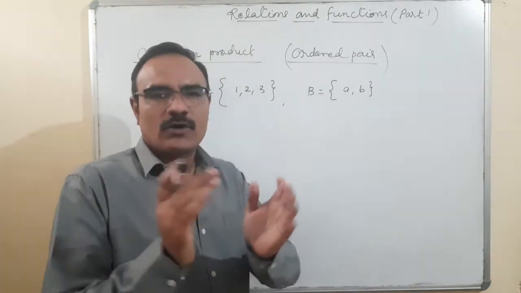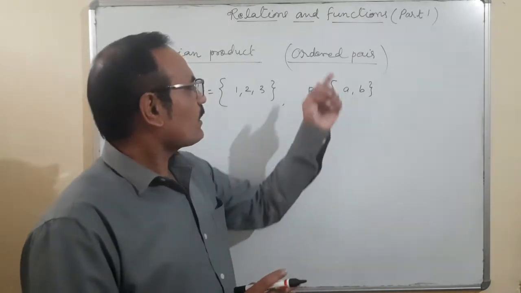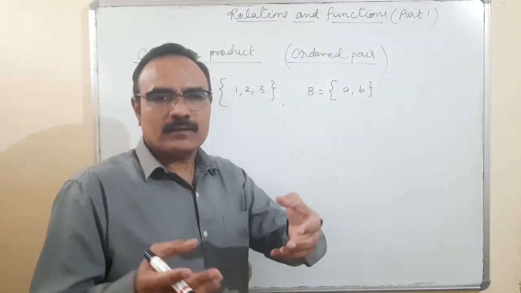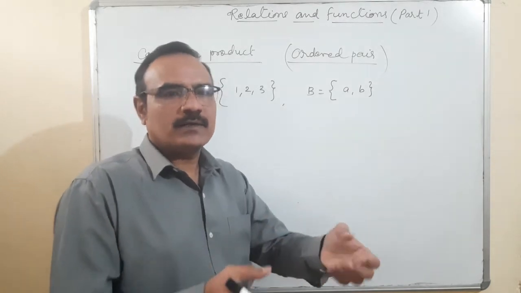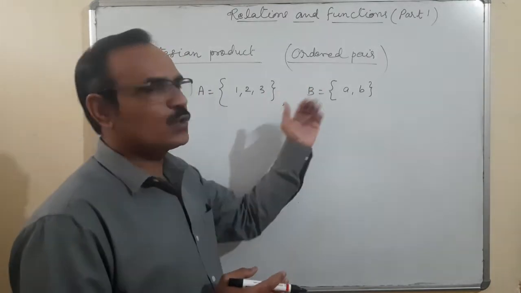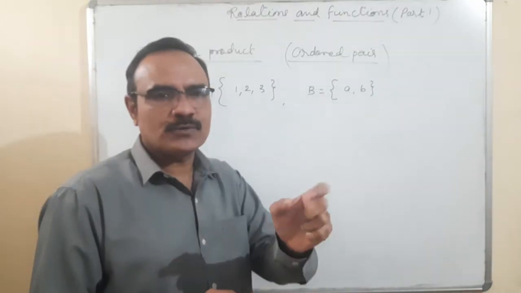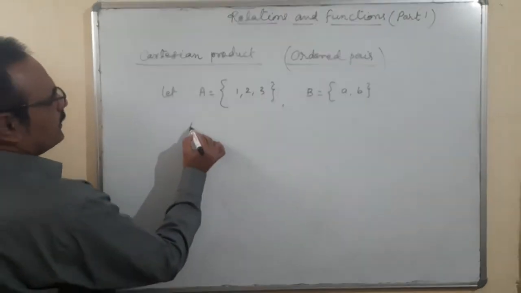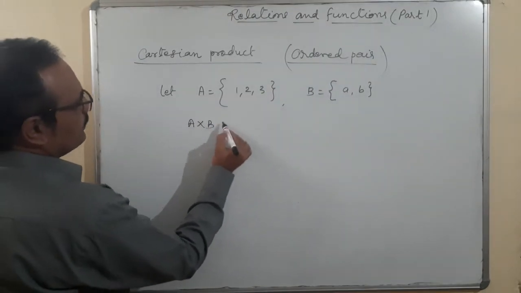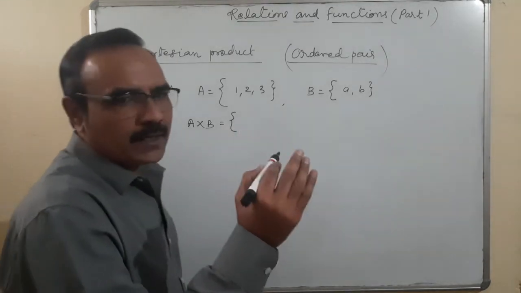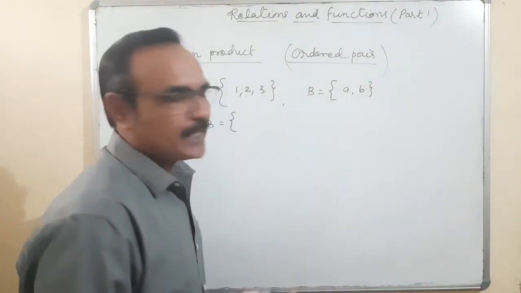How to make the ordered pair form? By the name ordered pair, what does it mean? Elements are coming in order and in pair form. Pair form means, because there are two sets, the pairs are made of two elements. This can be expressed as A cross B. Order is very important.